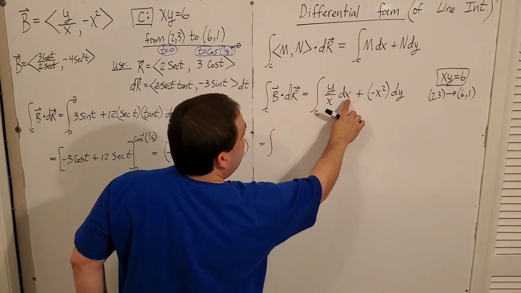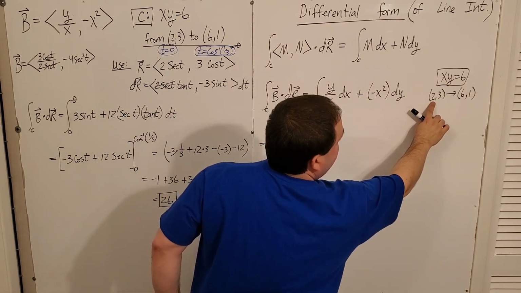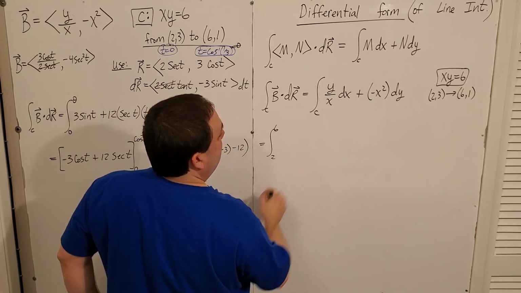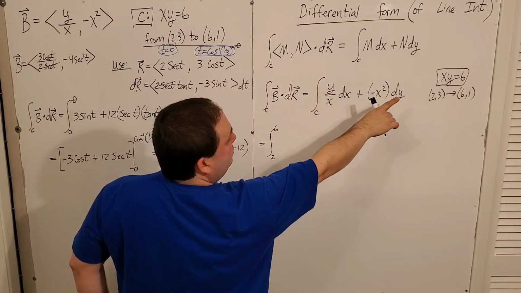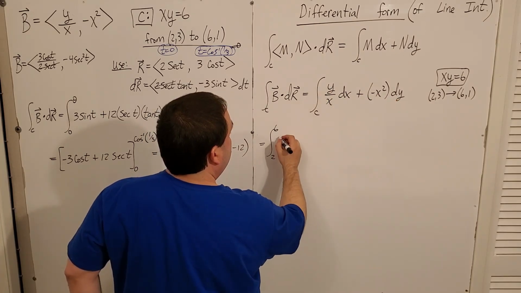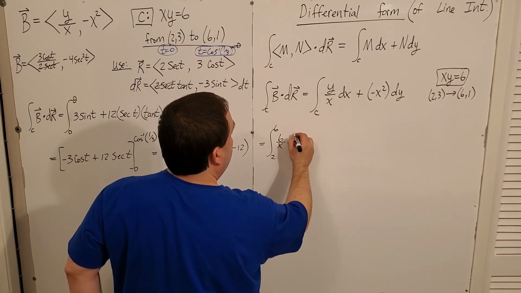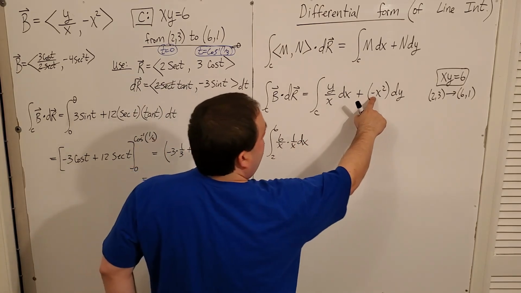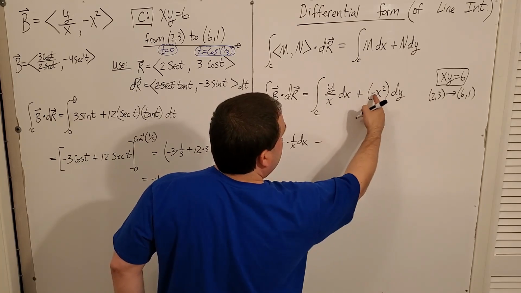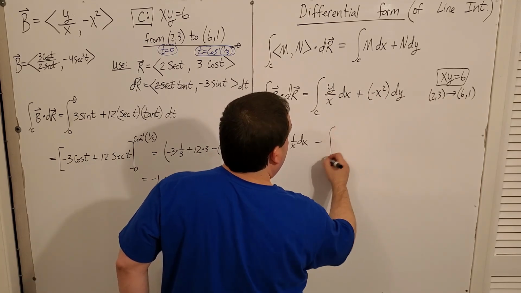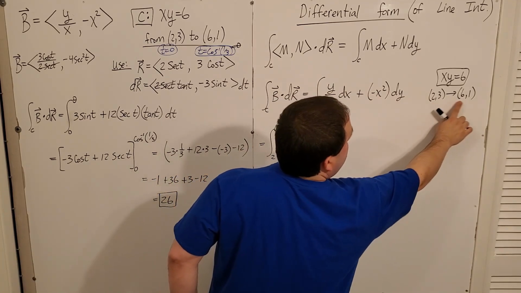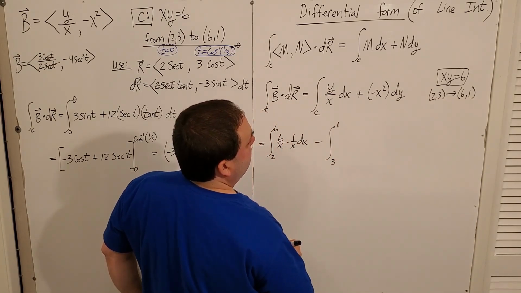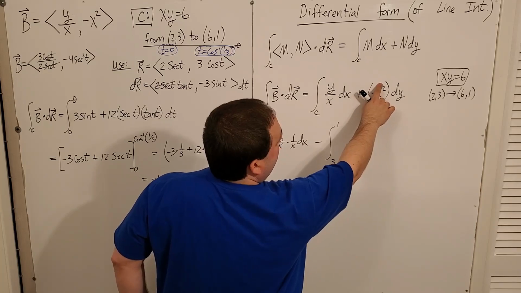So for dx, that goes from 2 to 6 in my points, and y is equal to 6 over x. So I have 6 over x times 1 over x dx. Minus, because of the negative here, the integral for dy goes from 3 to 1. And then it's x squared.